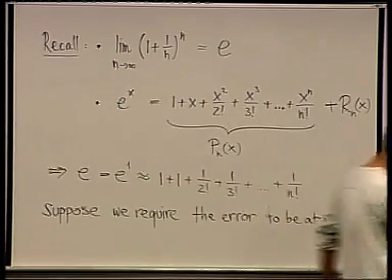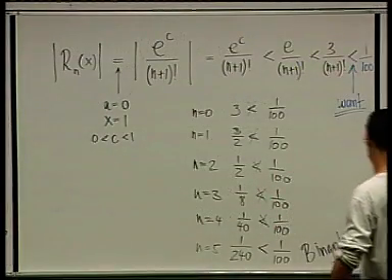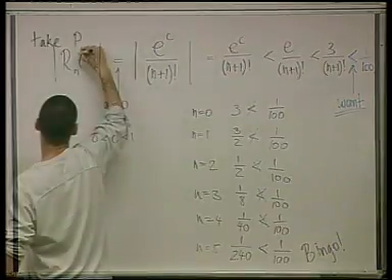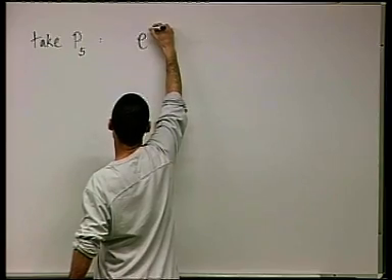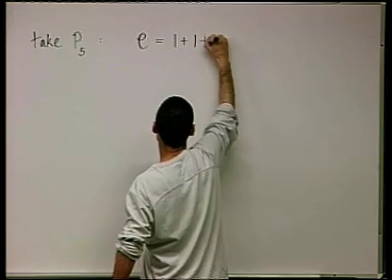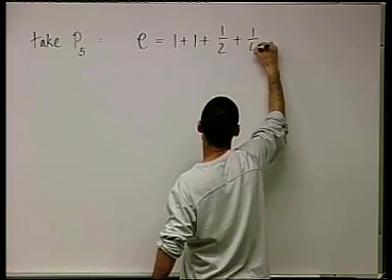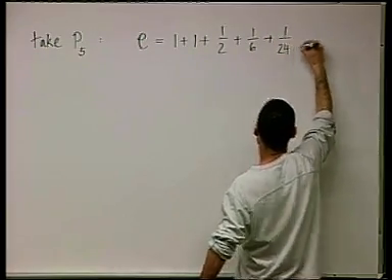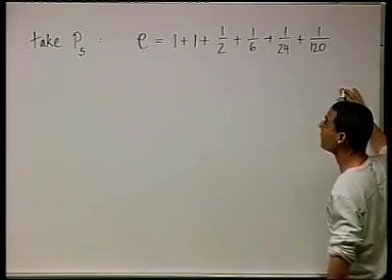So the conclusion from this calculation, what we can deduce is, take P5. So we get that e to the power 1, which is e, equals 1 plus 1 plus 1 over 2 plus 1 over 3 factorial, which is 6, plus 1 over 4 factorial, which is 24, plus 1 over 5 factorial, which is 120.